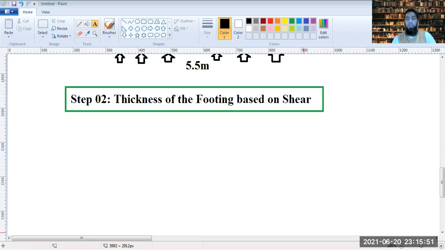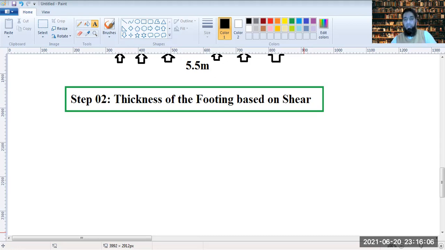If it's becoming too conservative, then I'll decrease the thickness, and if it's failing in shear, we need to revisit the thickness.